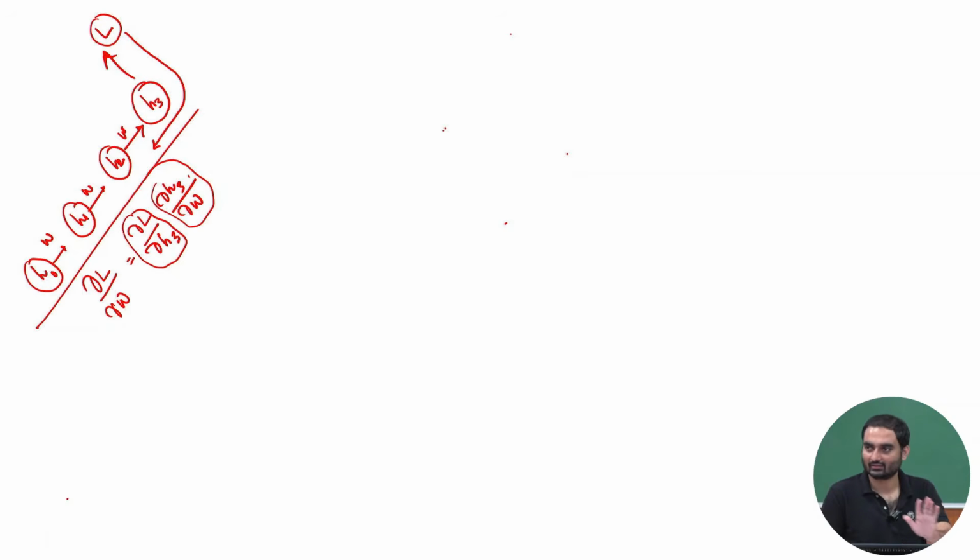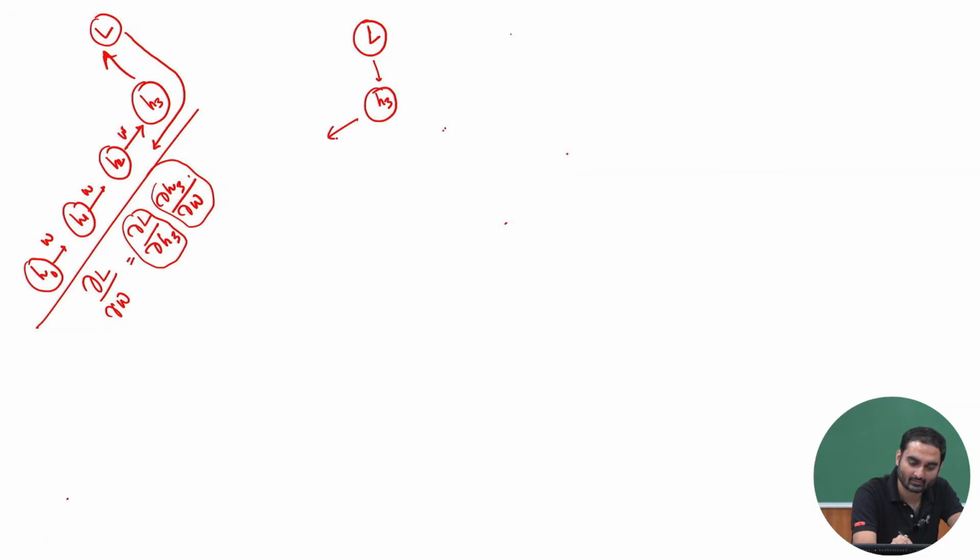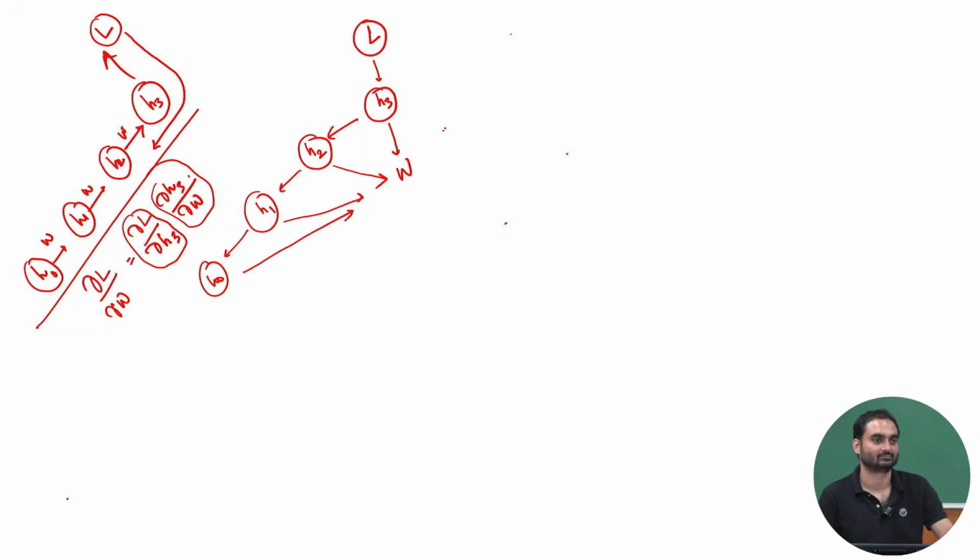So for that, let us look at the dependence tree. This is L. This is H3, which is dependent on W. H3 is also dependent on H2, which is dependent on W. H2 is dependent on H1, which is dependent on W. H1 is dependent on H0, which is dependent on W. So to compute dH3/dW, we need to look at all possible paths using the multivariable chain rule.